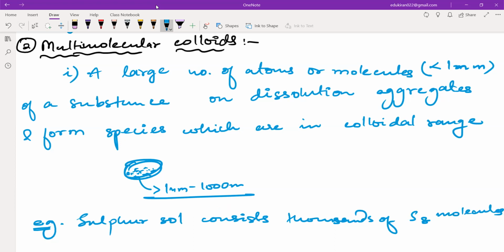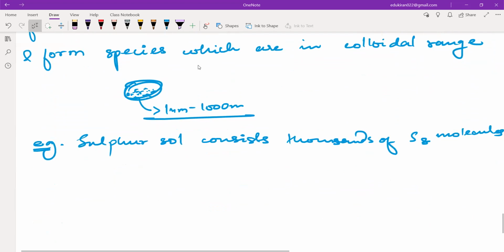Many S8 molecules come together, and they are now in the range of 1 nanometer to 1000 nanometer, and that is why the solution becomes a colloid. Okay, so this is an example.